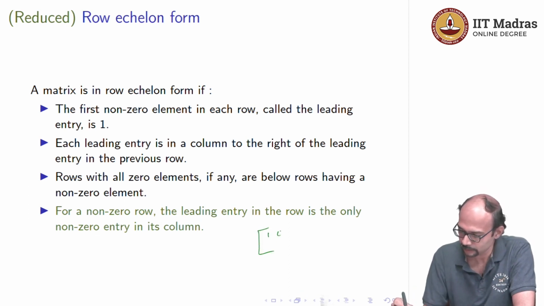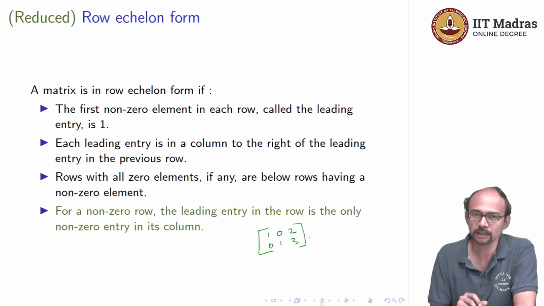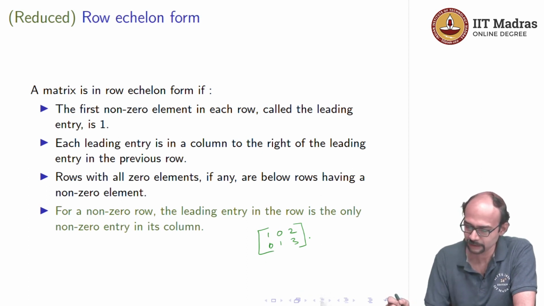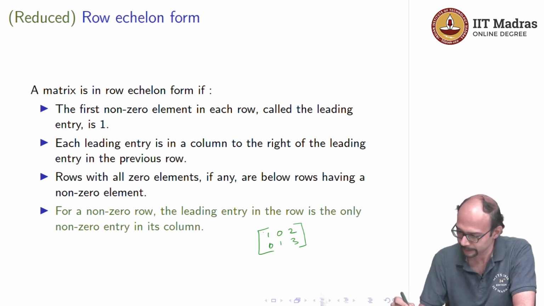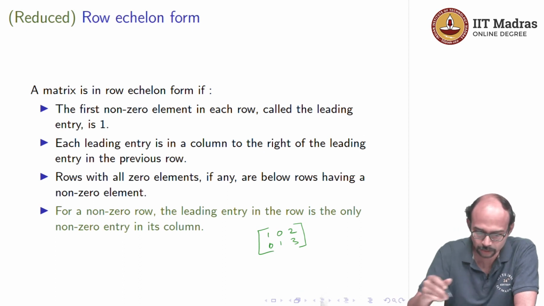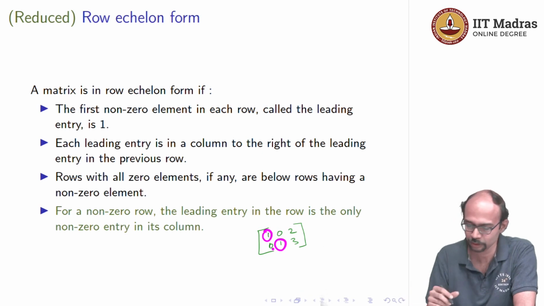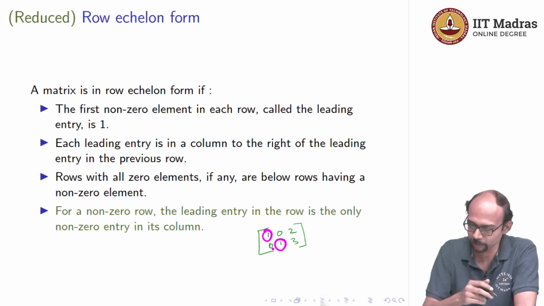Okay. So, the previous example that we had, which was 1 0 2 and 0 1 3, this is indeed in reduced row echelon form. First of all it is in row echelon form, let us check that. The first non-zero element of each row is a 1, indeed that is the case, because this is the first non-zero element, this is the first non-zero element, and both of them are 1s.